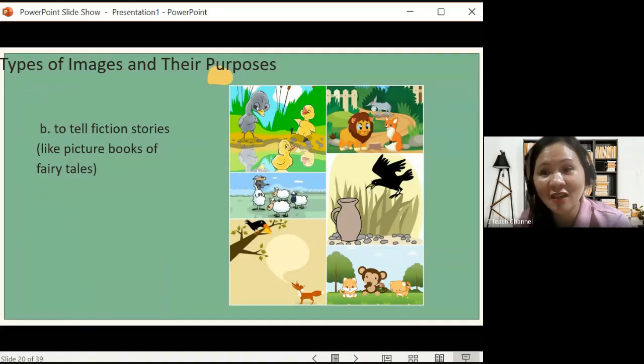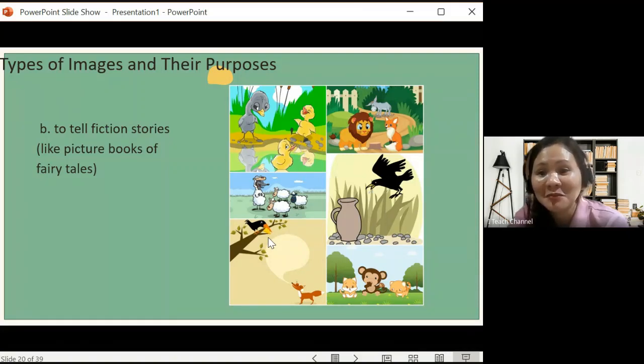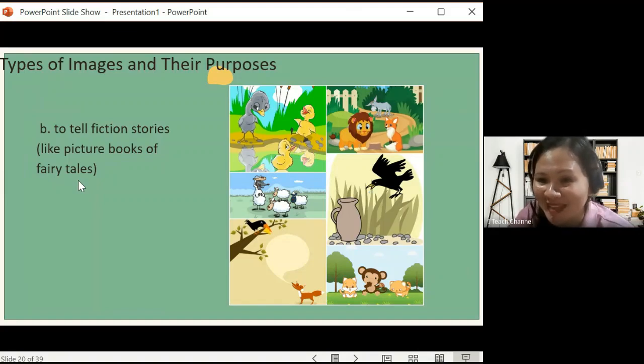It is not real. Usually, the characters in the stories are animals and they are talking like men. So, like these picture books of fairy tales, they are also telling stories. The same purpose as the fact image.